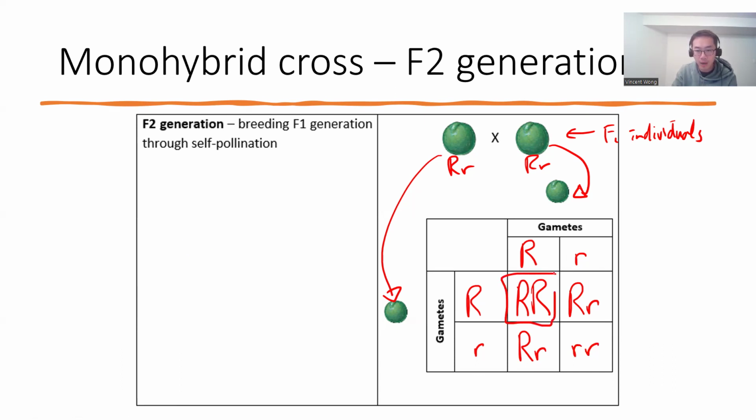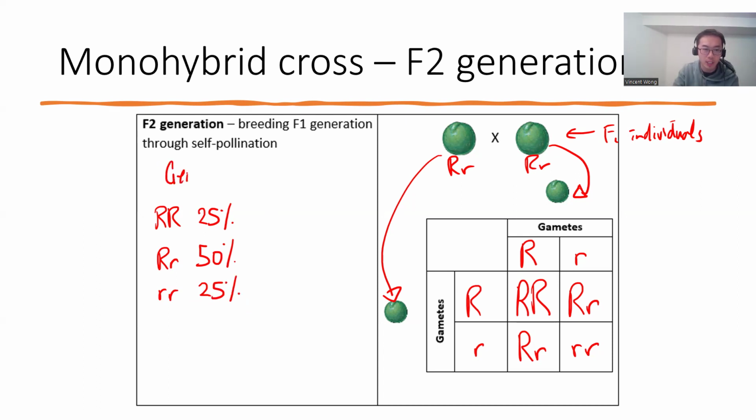So 1 out of 4 boxes is big R, big R. So that's 25%. Big R, small r, 2 out of the 4 boxes. That's 50%. And finally, small r, small r is also 25%. So this is the genotype.